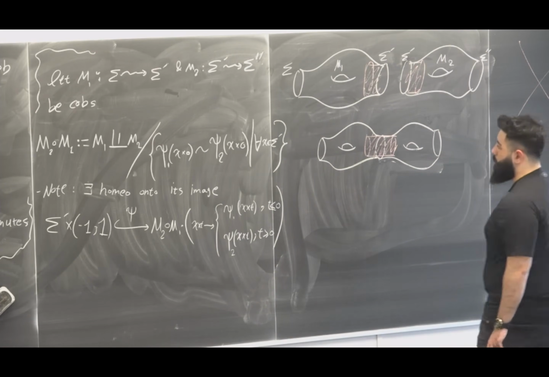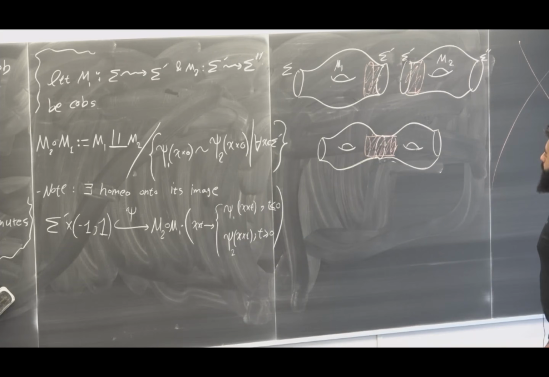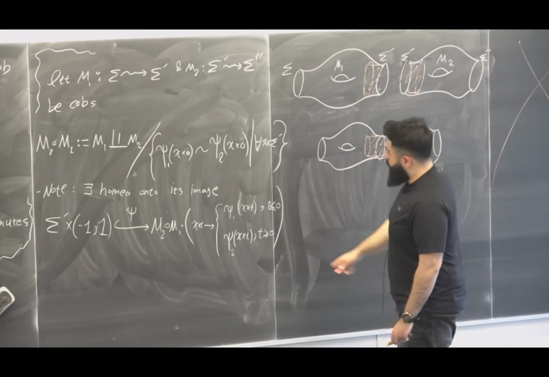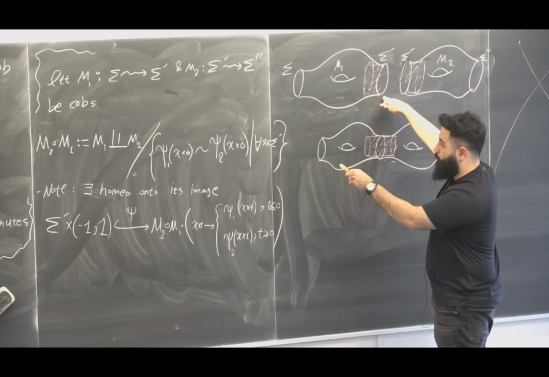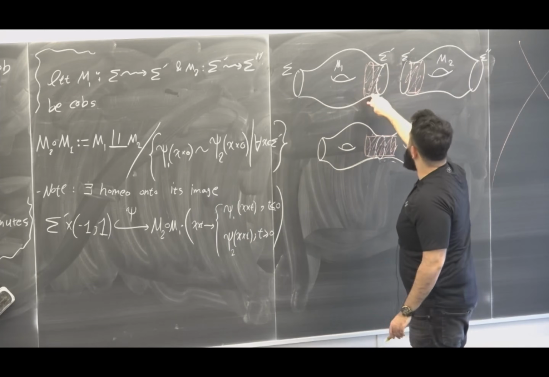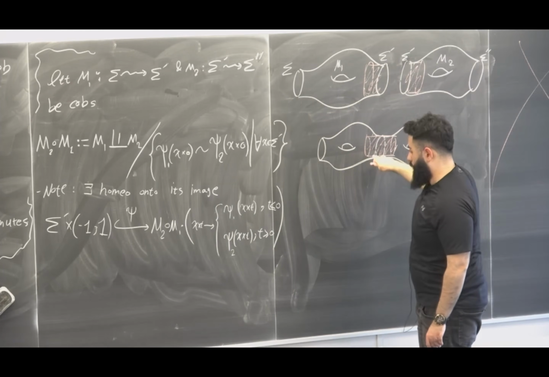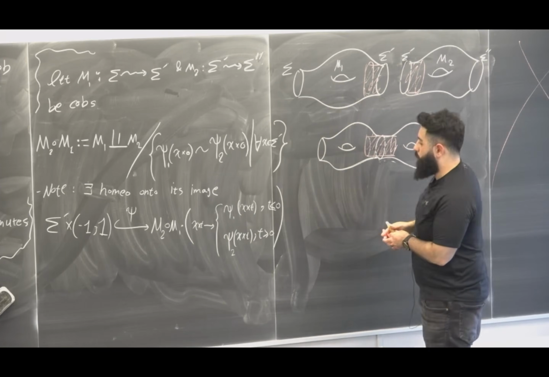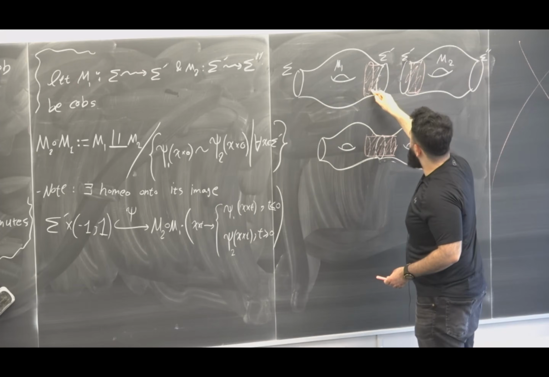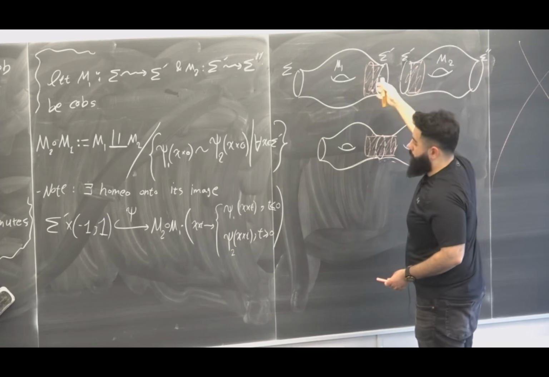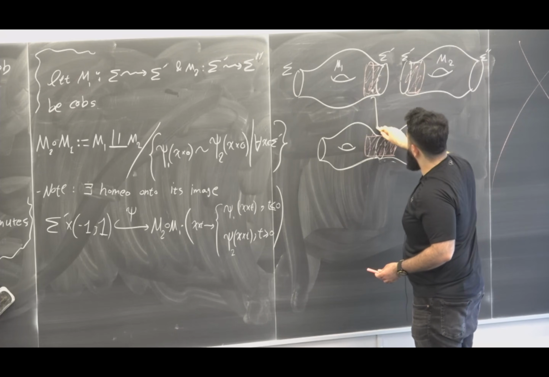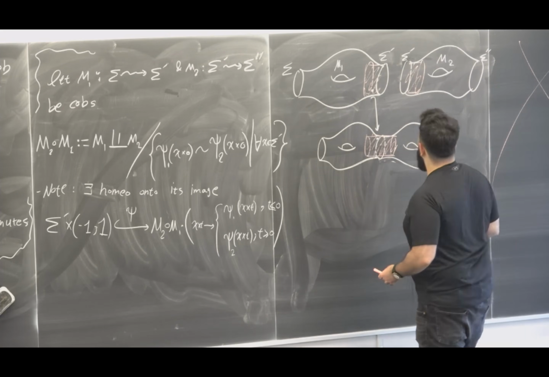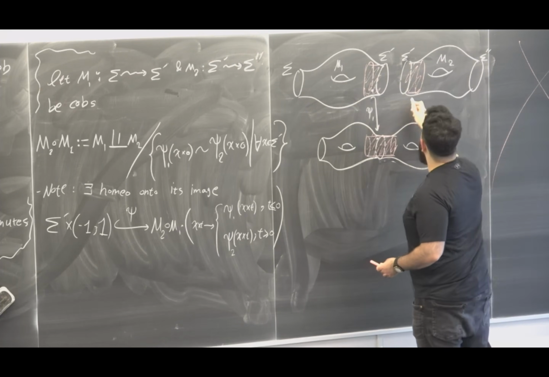And what psi does here takes in elements of sigma prime. X is an element of sigma prime written here, times t, some element here, and maps it into here. So let me draw that. So some element, let's put it here, right? Sigma prime cross some t. Psi maps that to somewhere here. Psi 1, this is what psi 1 does. And psi 2 does the same thing here.